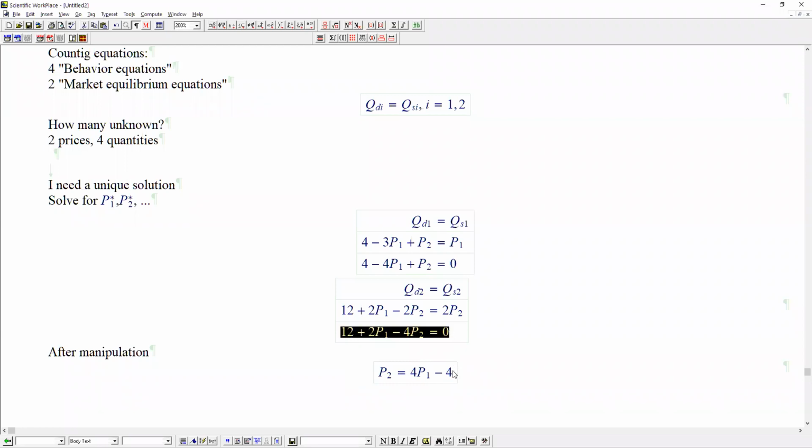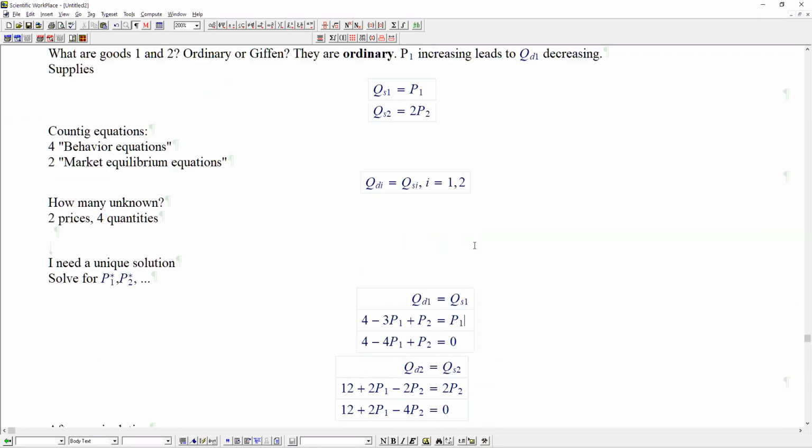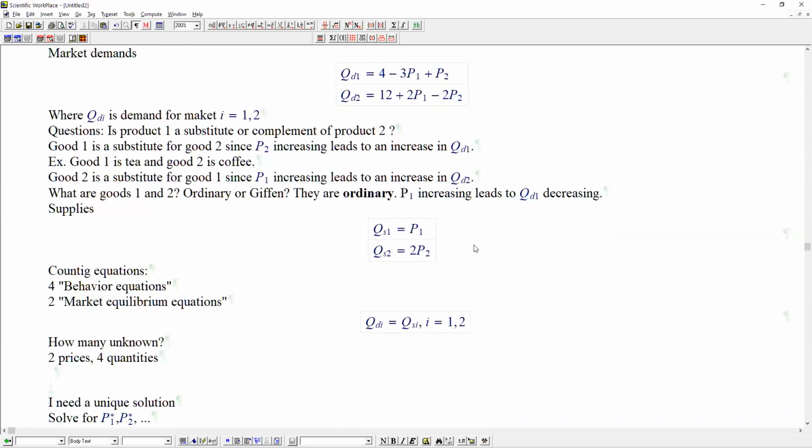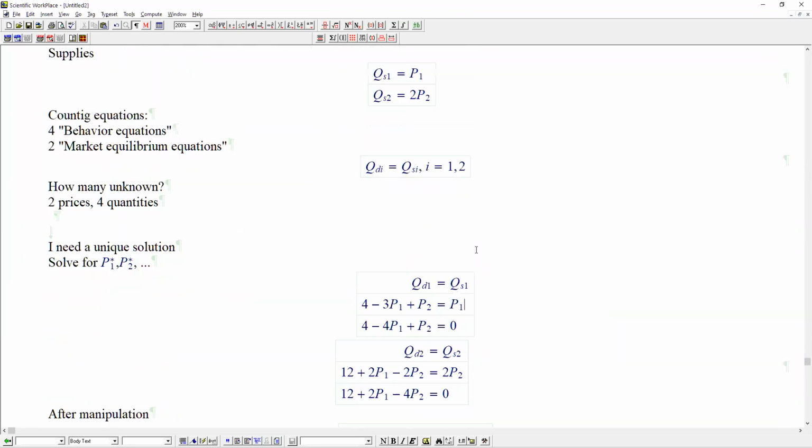Let's divide by 4. It's funny, I don't get the same numbers as I was getting. I think I changed my number. Anyway, I can solve it for this one.